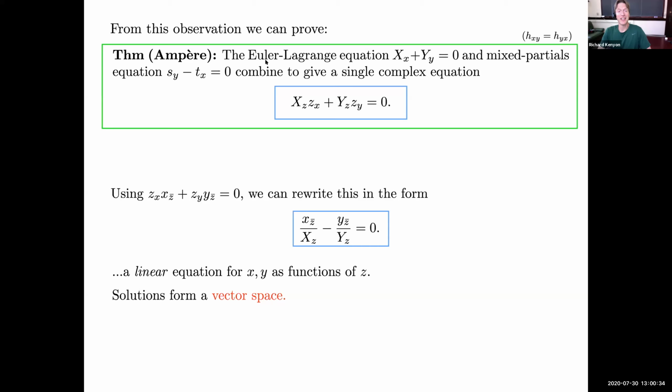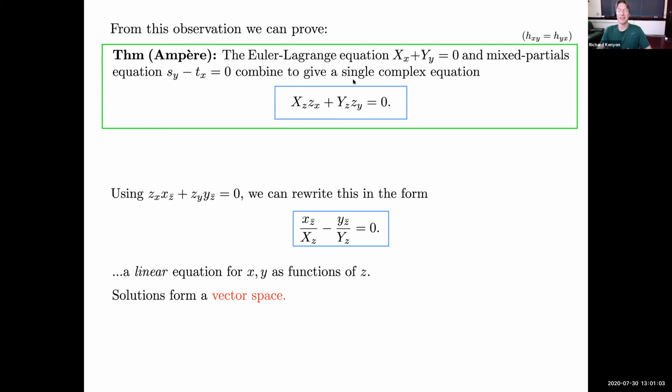In this setting, the Euler-Lagrange equation, if you remember, for our minimal surfaces had this very simple form: the little x derivative of capital X plus the little y derivative of capital Y equals 0. Well, you can combine this with the mixed partials equation, h_xy equals h_yx, where h is the height function, which in this form is just s_y equals t_x.